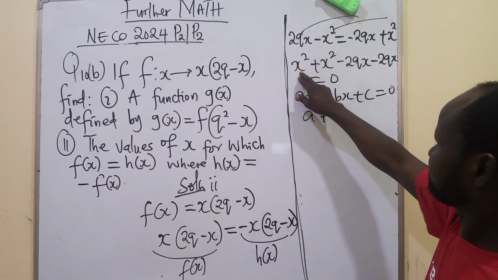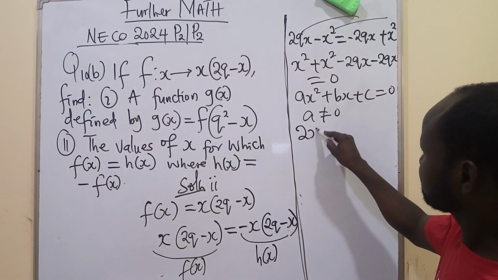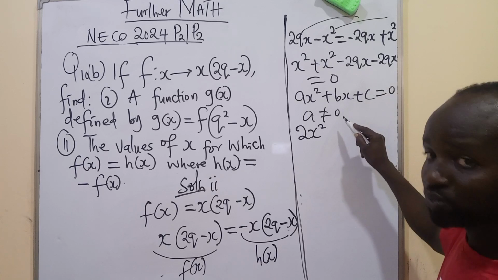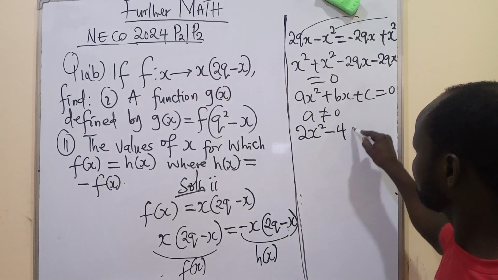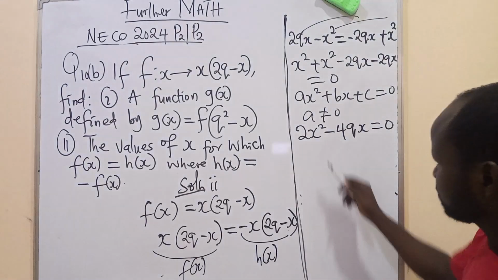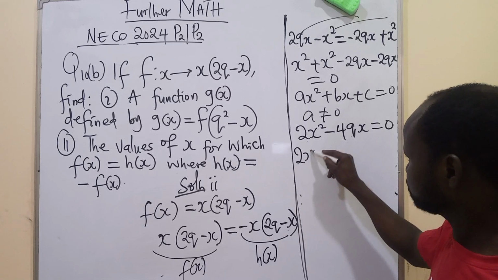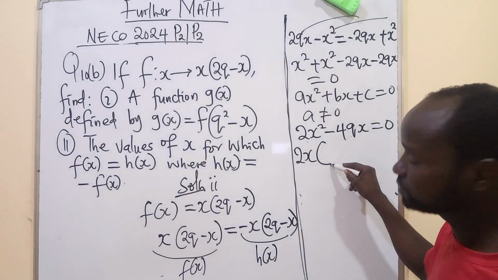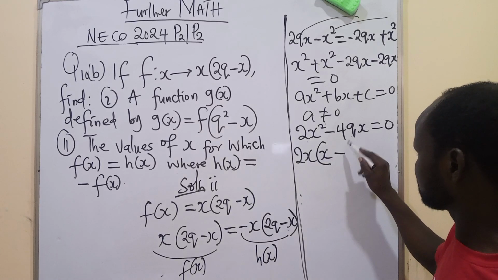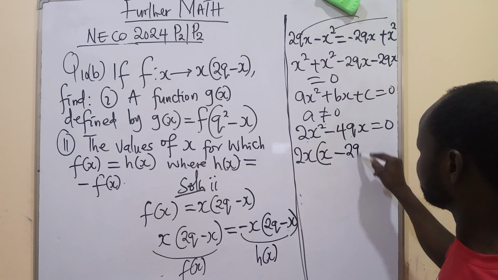Next is to simplify: x squared plus x squared will be 2x squared, minus 2qx minus 2qx will be minus 4qx, equal to 0. What is common between these two is 2x. So we factor out 2x. 2x squared divided by 2x leaves x, and minus 4qx divided by 2x leaves minus 2q.